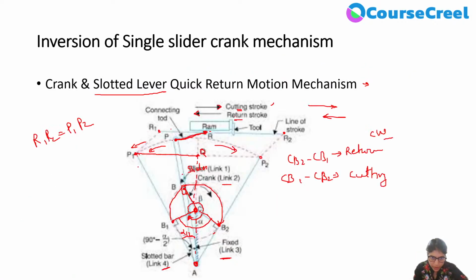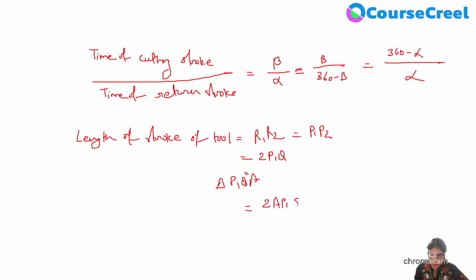Okay, no, it will be sine. If we consider sine, so this will be 2AP1 sine of 90 minus alpha by 2, so that will be equal to cos alpha by 2 only. Okay, so this term we are going to have. This 2AP1 will be equal to what?